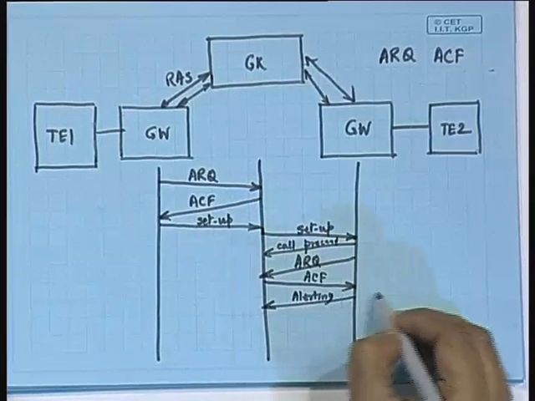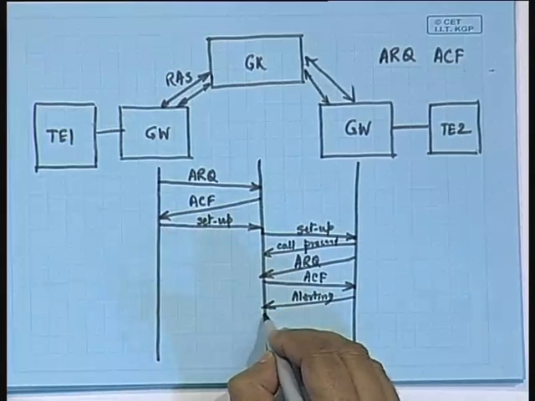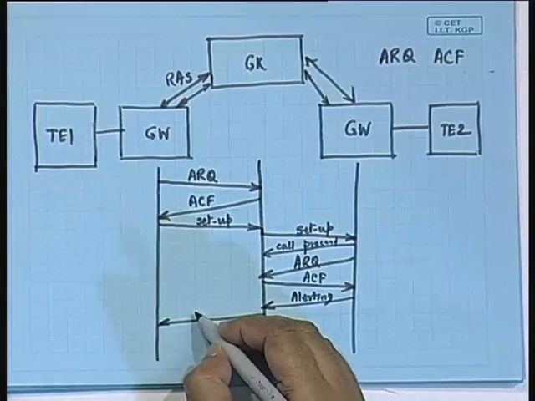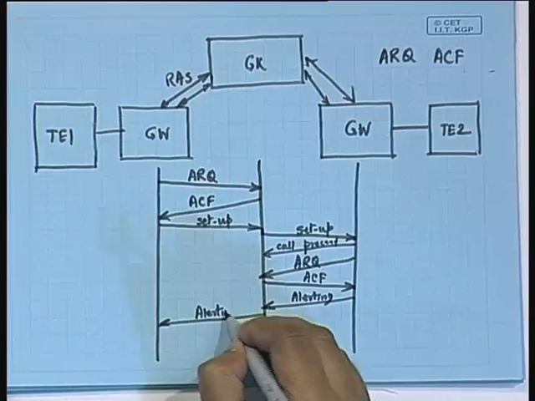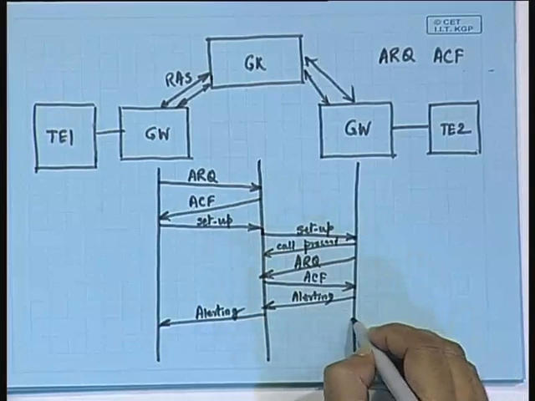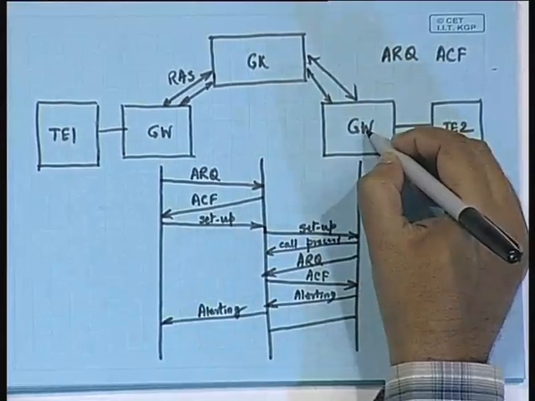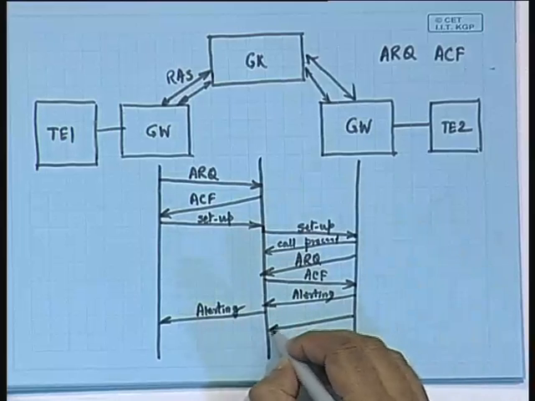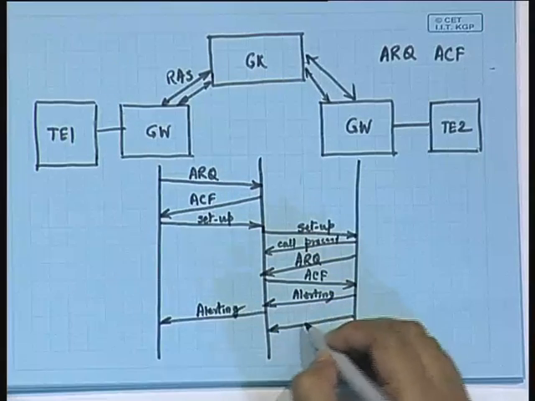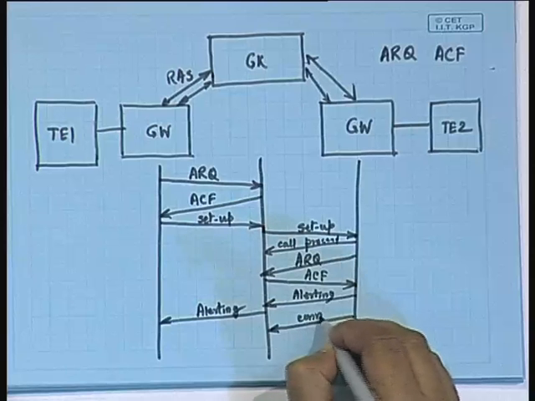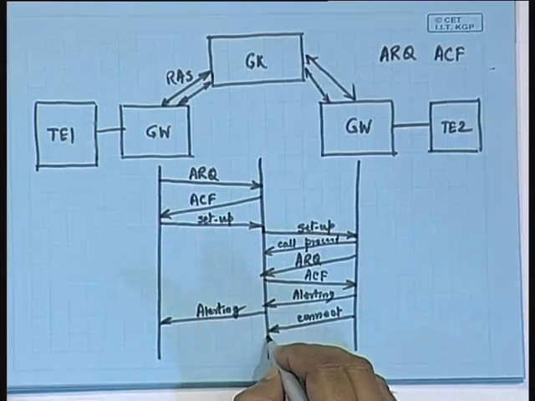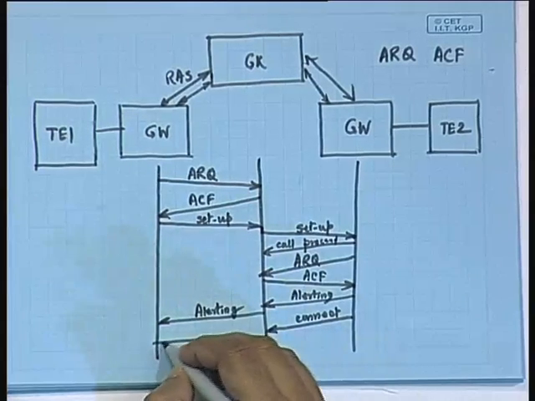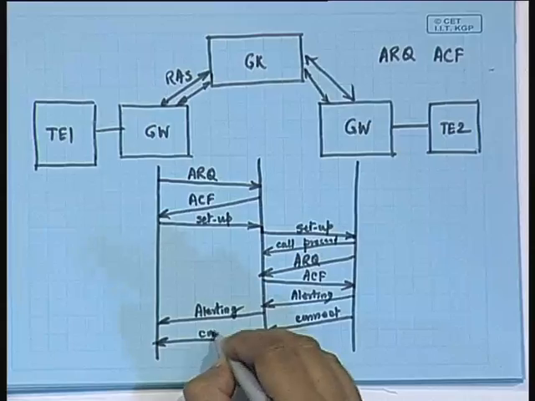Alerting will be done first to the GK, and the GK passes on this alerting to the source gateway. So, this is alerting, and now when this T2 commences the actual conversation, goes off hook and starts the communication, then the connect will be routed through the gateway to the source. So, this is where the connect will be there.